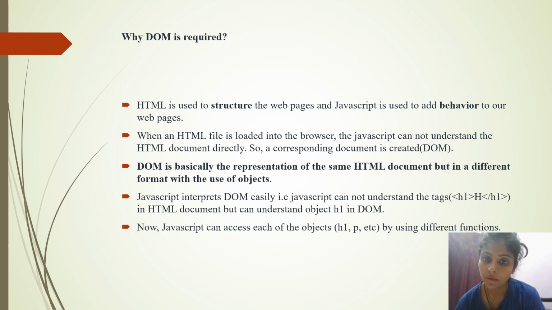Now JavaScript can access each of the objects h1, p. H1 is nothing but a header, and there are h1, h2, h3 up to h6, and p is nothing but a paragraph. We can also use tags like row r1, r2. All these things we can use by using different functions.